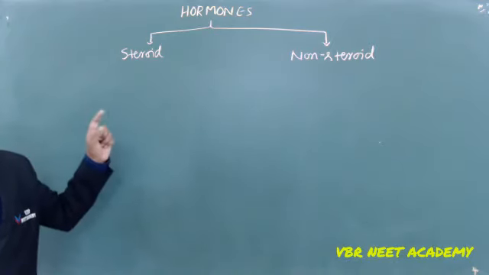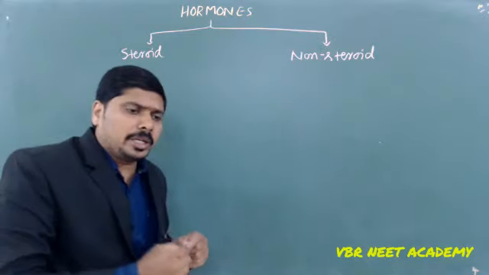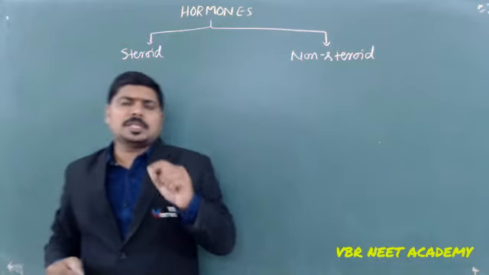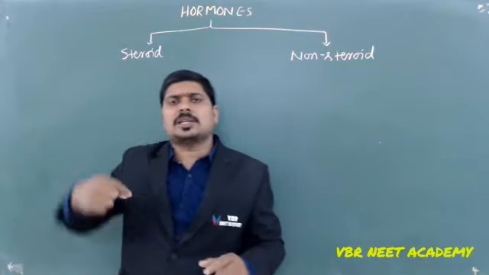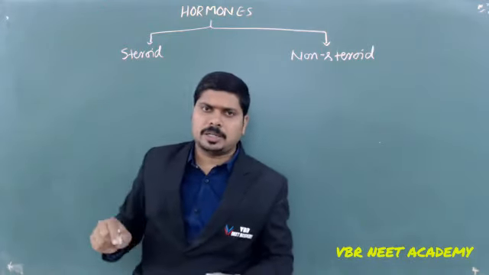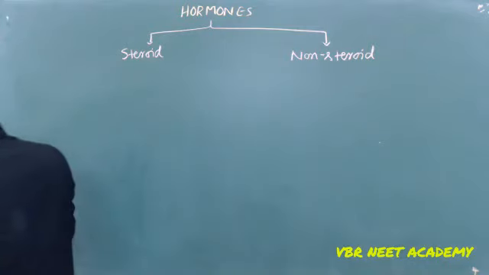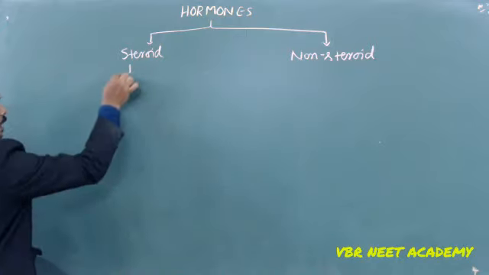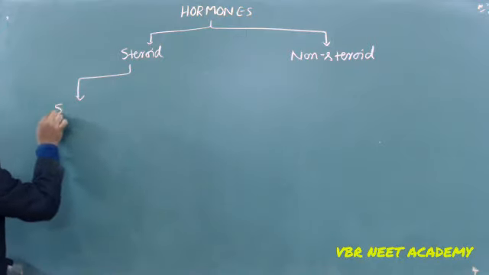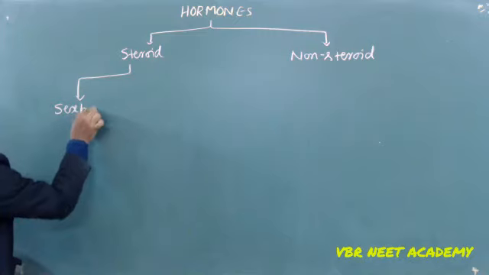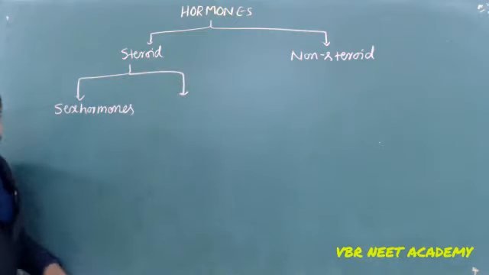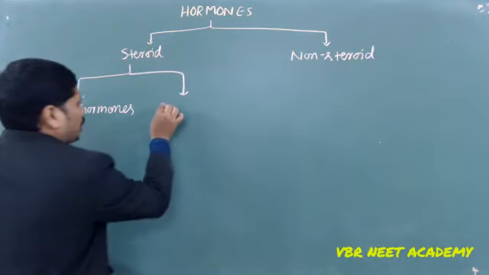Hormones derived from a steroid are called steroid hormones. Those derived from something other than a steroid come under non-steroid. The steroidal hormones can again be classified into two types: sex hormones and corticosteroids.